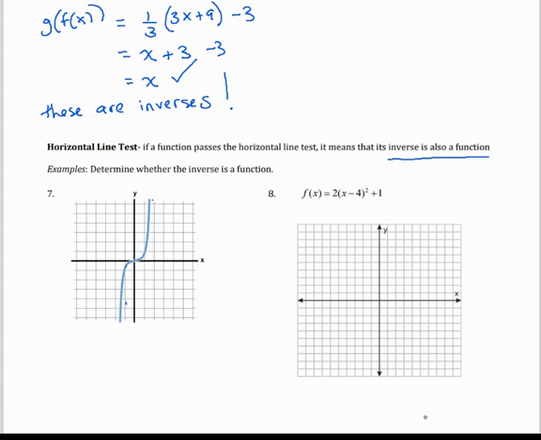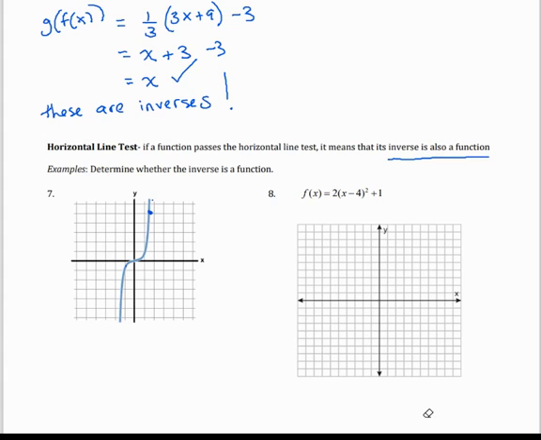So we could go ahead and try to graph the inverse and then use the vertical line test through that, or simply we just use the horizontal line test. So the horizontal line test says if I pass a horizontal line through the graph, every point and so forth, does it only hit once each time or does it hit twice? So in this case, again, right here, it's only hitting once. So that's good.